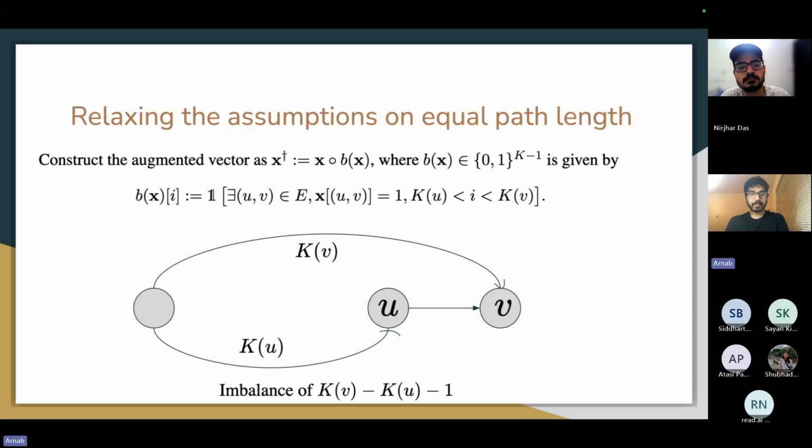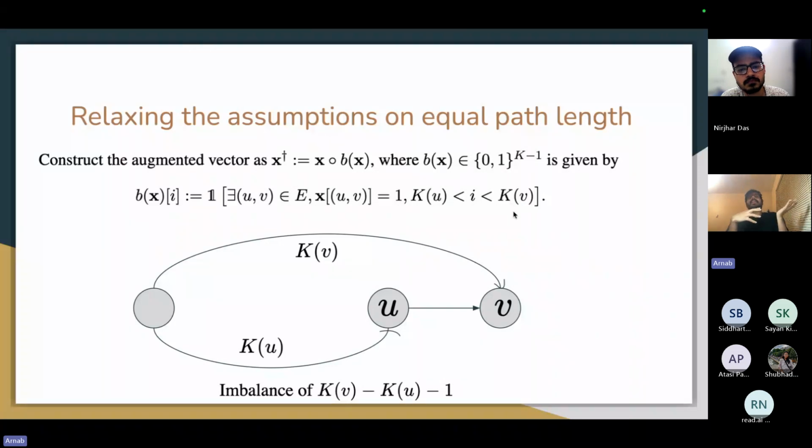Whenever I choose such a path, there's a gap imbalance of k_v minus k_u minus 1. The bits that I'm appending fill this gap, because the number of bits that I append, at least with respect to this edge, is k_v minus k_u minus 1. Those are the number of i's that satisfy this inequality.